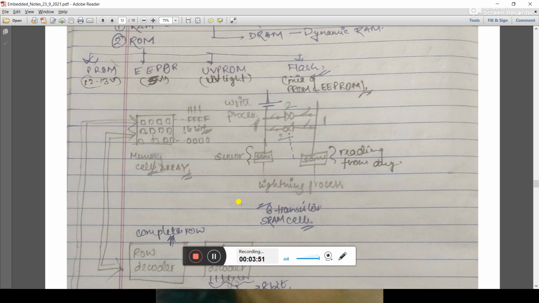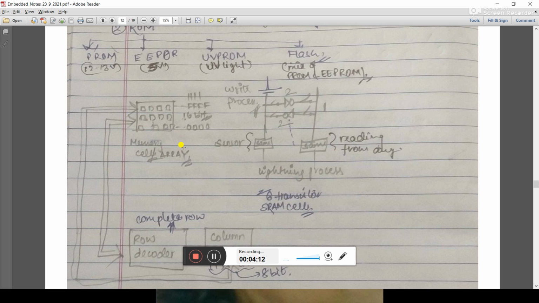Whenever we need to write something, we provide the data on this line and then switch on this switch. When the switch is on, the data is provided to this memory unit, and it starts to flow in it. So that's how static RAM works.